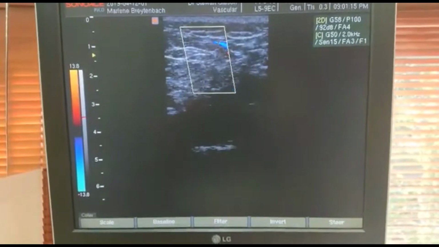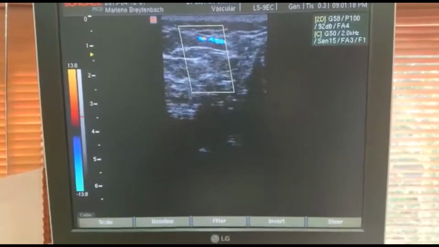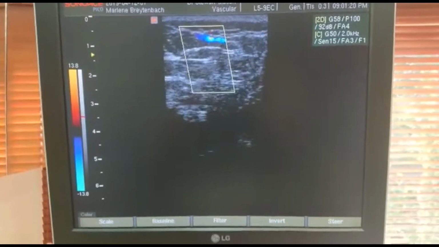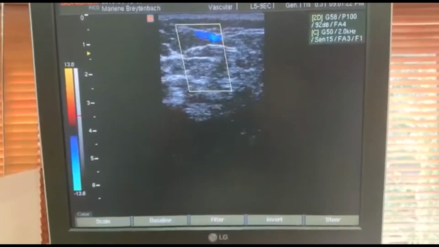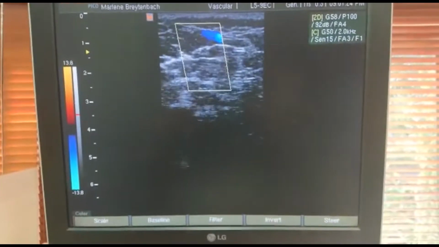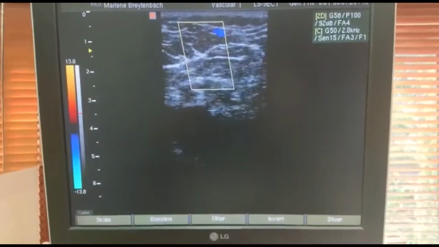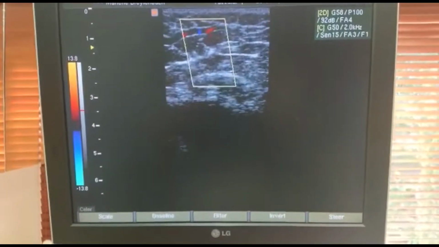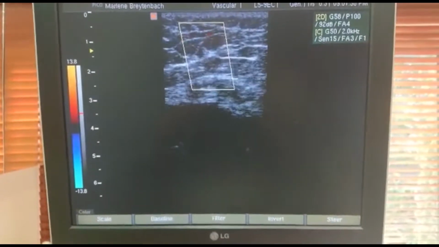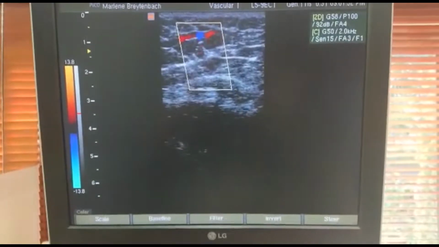We're now well above the inguinal crease, and notice the high flow in an epigastric vein. If you look this side, you can see how high up I am.